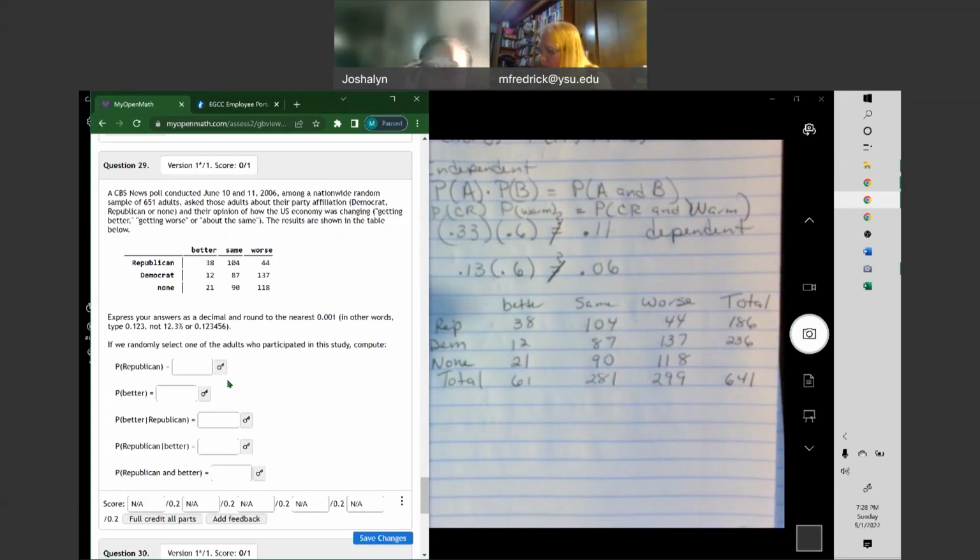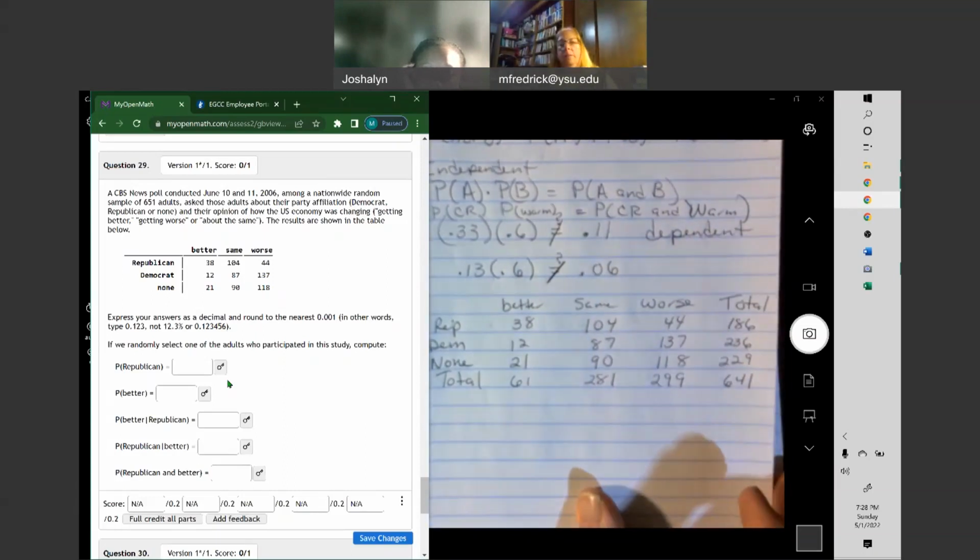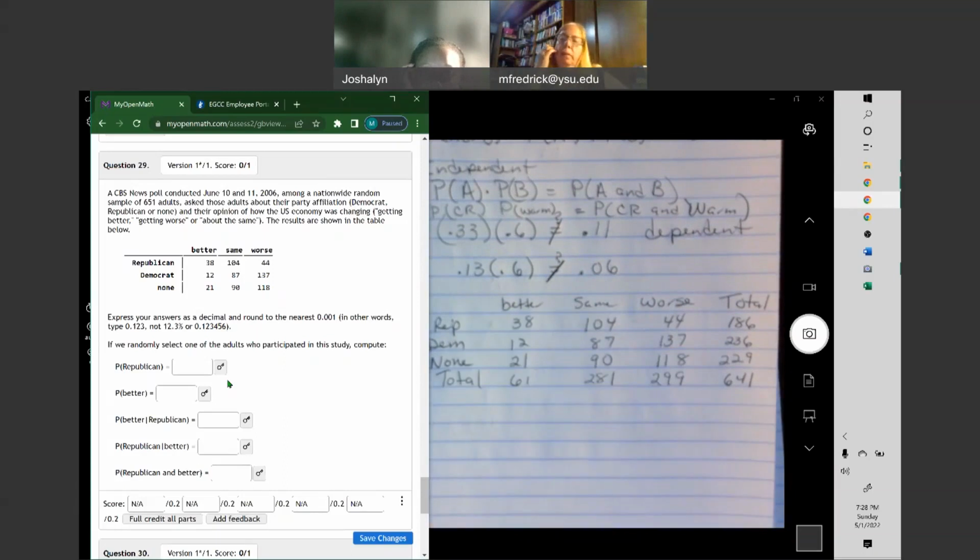Still 41. Okay. So for this one, we needed the totals. They might have given us enough, but I thought we better. Wait, it said 651.